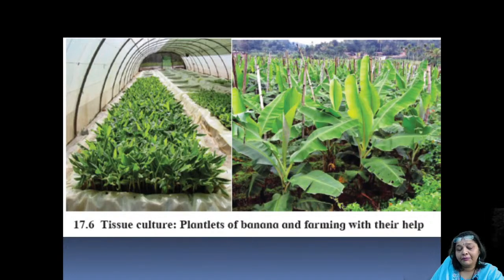Okay, the plantlets of banana are being used for farming. Here you can see the plants that are multiplied in the lab conditions are now growing very well in the natural environment conditions, right? That is the power of tissue culture. That is the power of the totipotent capacity of the cells. That is the power of life, students.